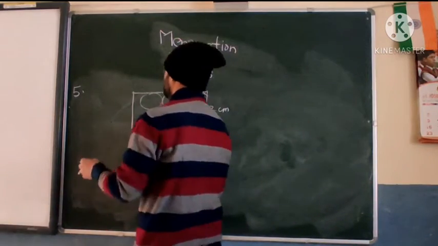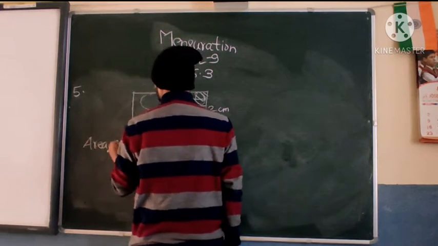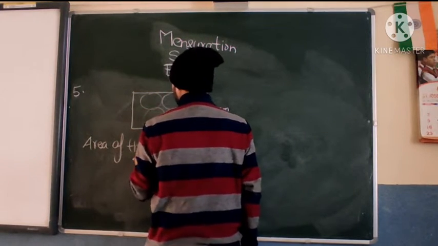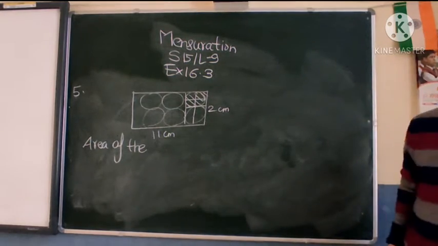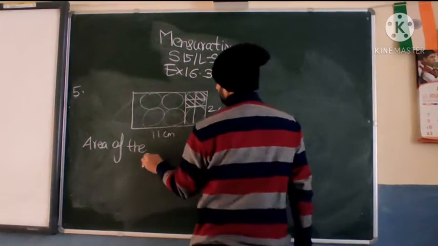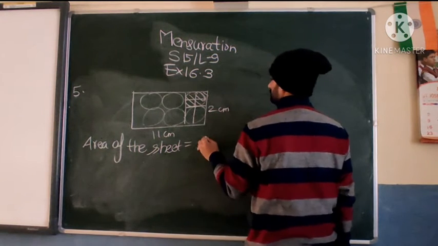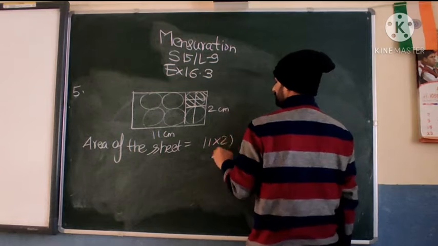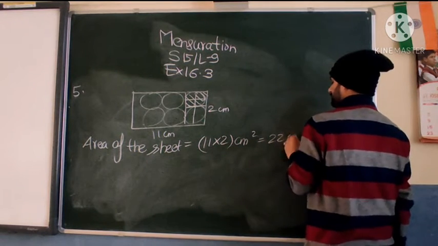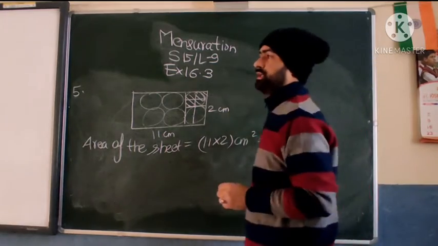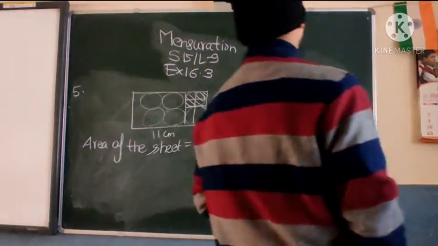So write here first, area of one sheet. That means 22 centimeter square. Area of sheet is 22 centimeter square.